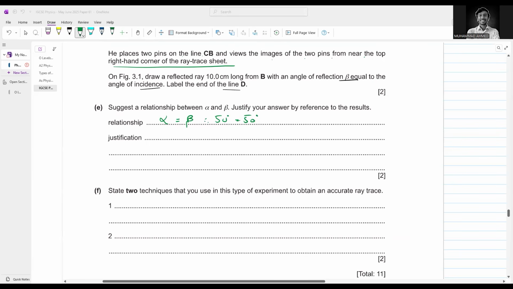Because can you realize both of them are almost equal to each other?